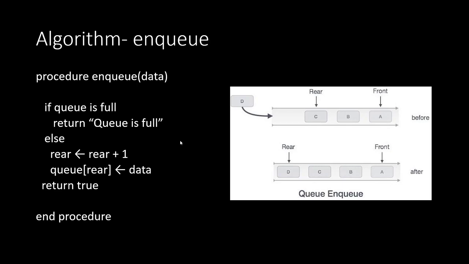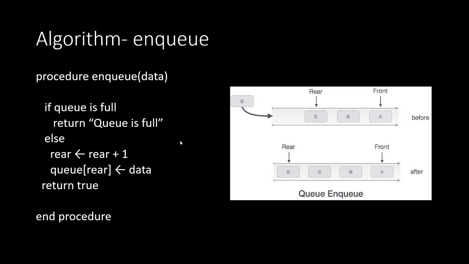Here you may be wondering why we are increasing the counter of rear. The reason is that we are implementing the queue with an array, and an array by nature is not open at both ends, right? So we are trying to mimic the behavior of a queue using an array, and hence this technical implementation.